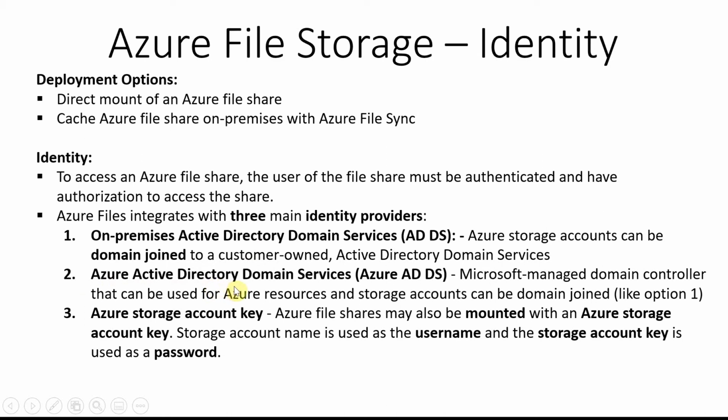That is one option. And if you don't have AD at all, or you're not interested in AD, then you can use storage keys also. This is also available. And here are the deployment options: mounting a file share is one deployment option, and file sync is another. These are the two options you have in file storage.